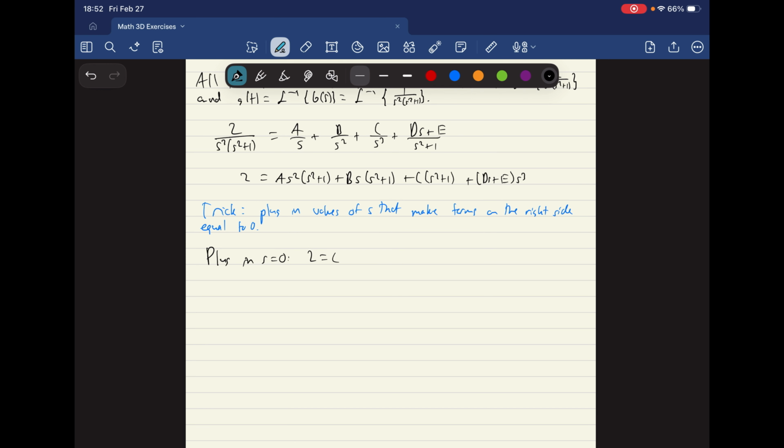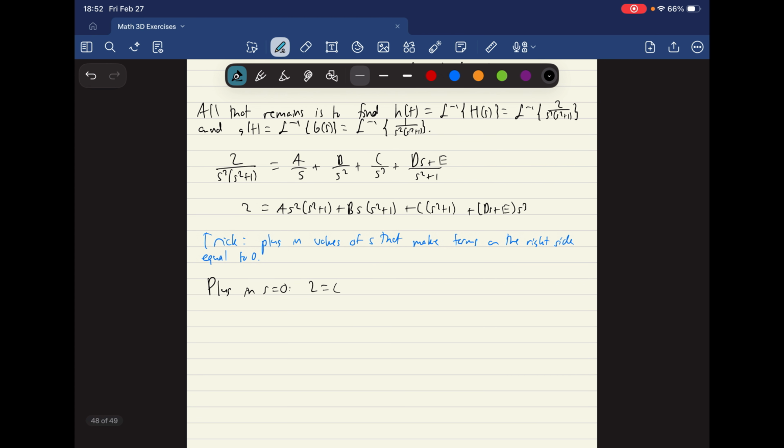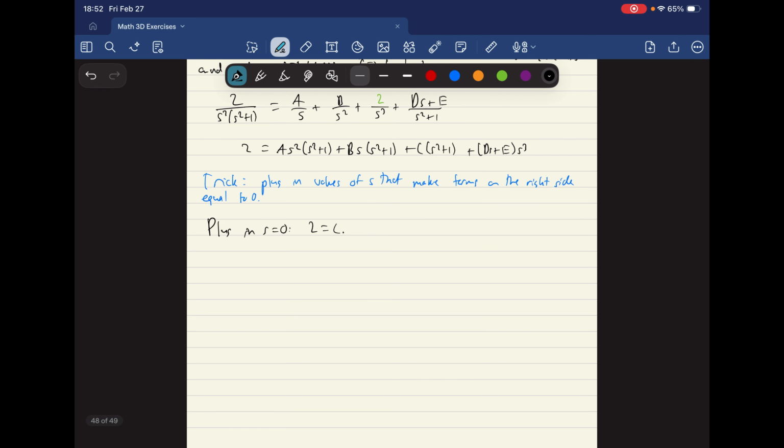And that immediately gives me the constant for c. So now I know that c is equal to 2. Very nice. Let me jot this down up here, and I'll even write it in green so that we know we just found it. There we go. So if I plug in s equals 0, I get 2 is equal to c.